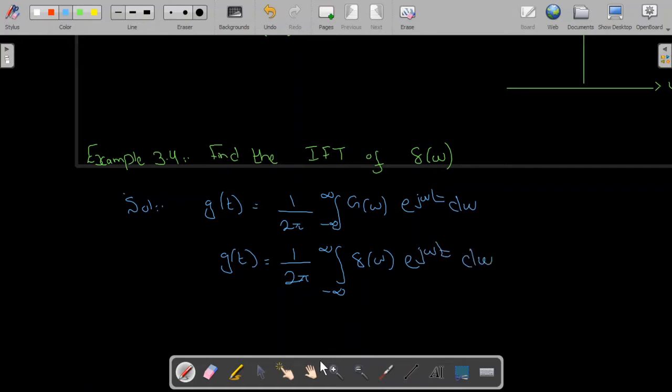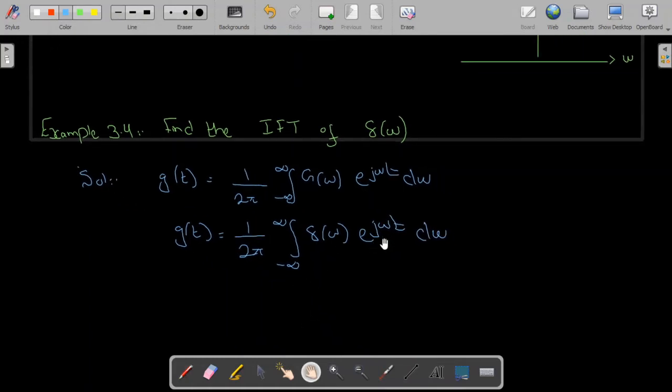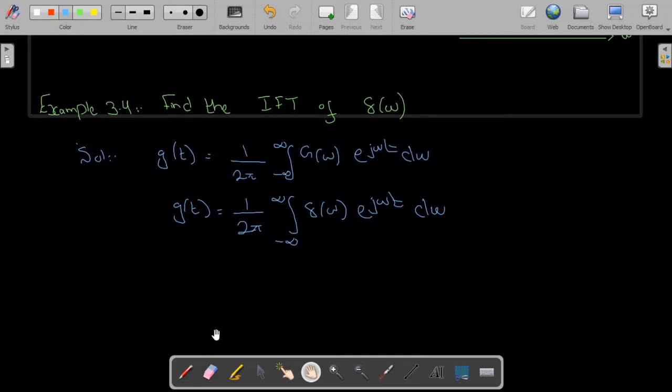Again we are going to use the property of the impulse signal, that any function multiplied by the impulse function is equal to the value of that function at the point where the impulse function exists. This impulse function exists at omega equal to 0. So we are going to have g of t equal to 1 divided by 2 pi, and we are going to have e power j omega into 0.